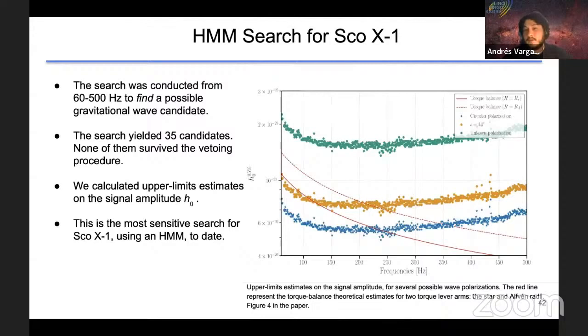So this means that we are already exploring an area where a possible gravitational wave could be. So maybe in the future, with more sensitivity in the detectors and in the pipelines, we might find something. Now, moving to the next slide.